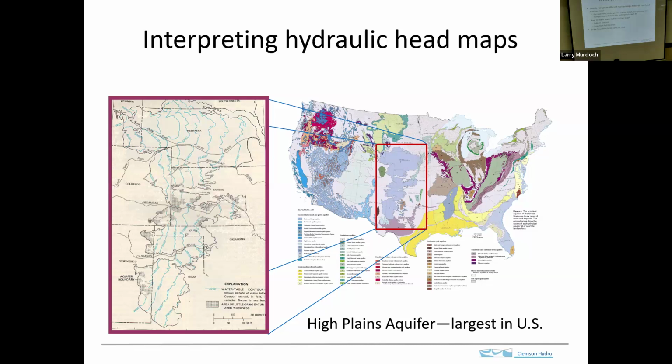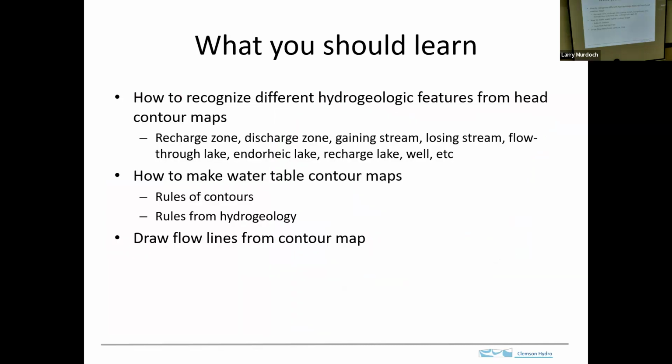So what I want to do today is to show you how to recognize different hydrologic features from the contour maps. There'll be things like a recharge zone, discharge zone, gaining, losing streams, different kinds of lakes. And then we also want to be able to make our own contour maps. There'll be some general rules of contouring, and I expect many of you have done contouring before.